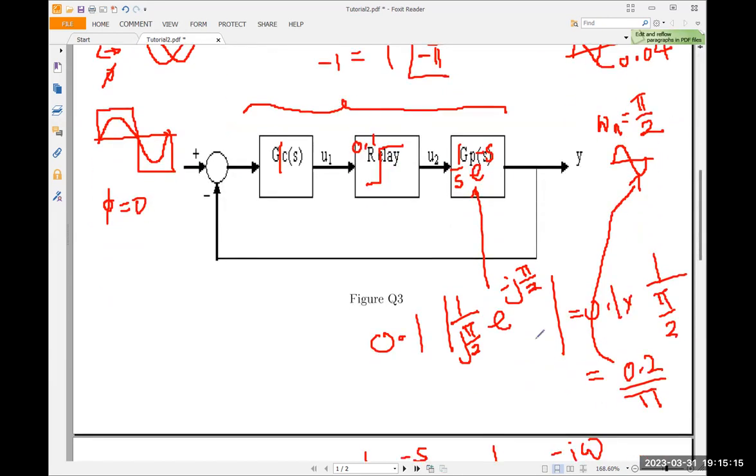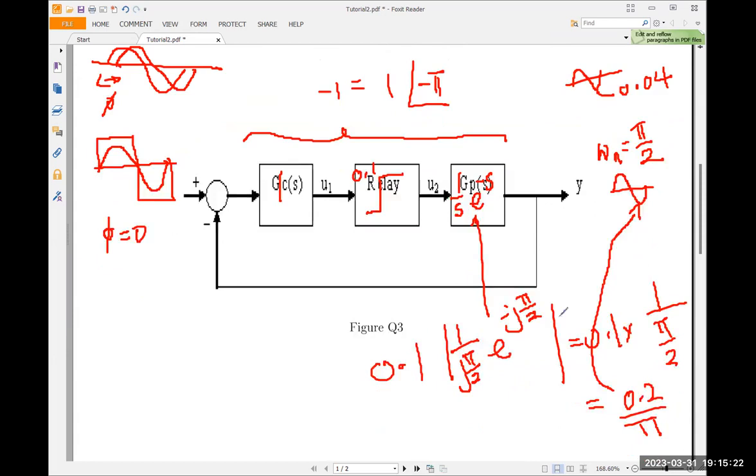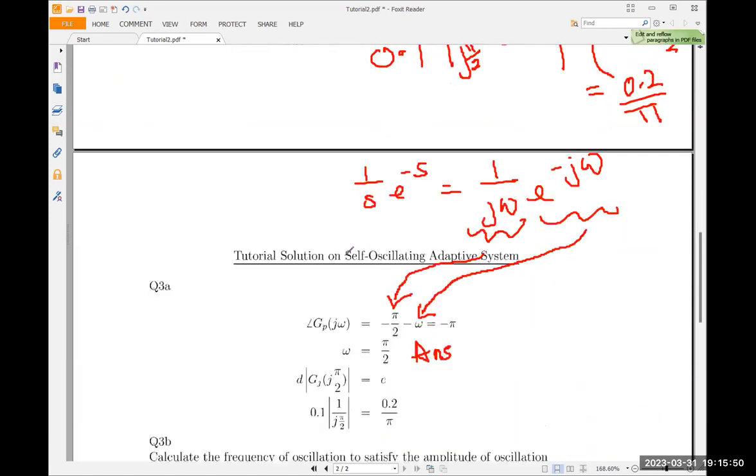Here is still 0.1. If you don't do anything, the amplitude here will be pi over 4. Pi is about 3, so it's 1.5. But you want to reduce it to 0.04. So input 0.1, output 0.04. The gain of this must be much less. It must be 0.04 divided by 0.1. So how to get that gain? Choose an omega that is much bigger than pi over 2. So let's form the equation.